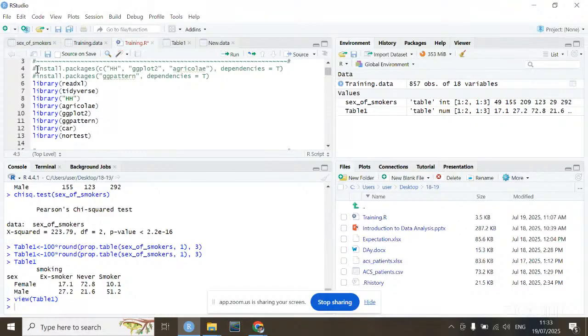The command install.packages is used when you don't have the packages. When you have installed R but you have not installed any package, then you use install.packages. After installing the packages, you just need to load them using the library function.